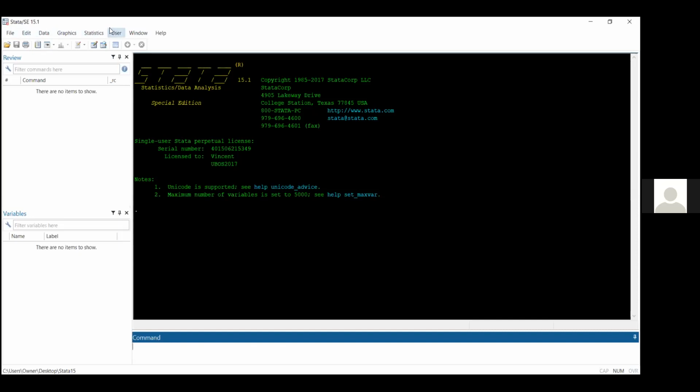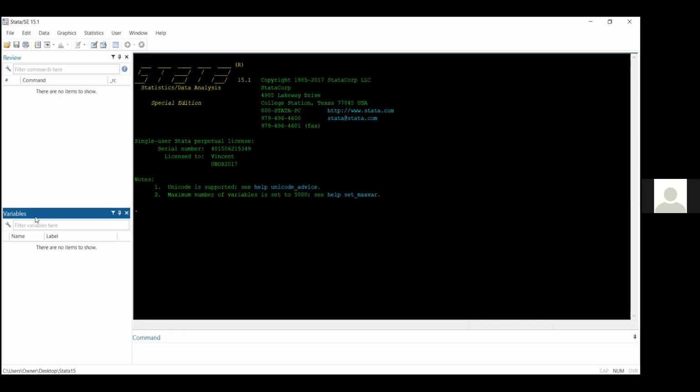We are looking at the menu up here, but most people who use Stata are friendlier with this command window than going through the menu. The window you are seeing as variables, on the left of the command window: once you load your data, your variables will be displayed here. You can see which variable is which, depending on what you posted here.